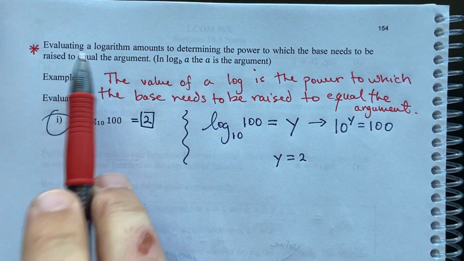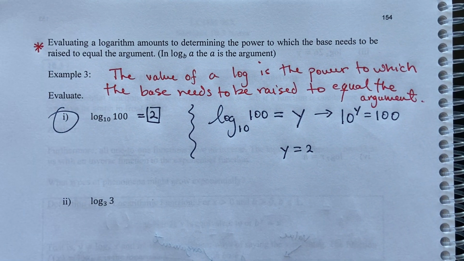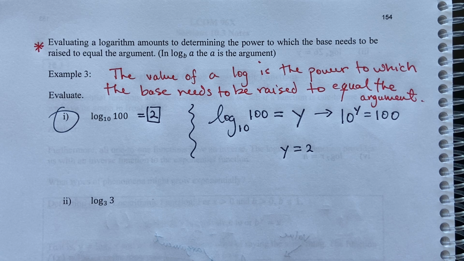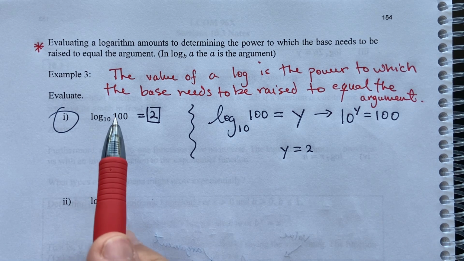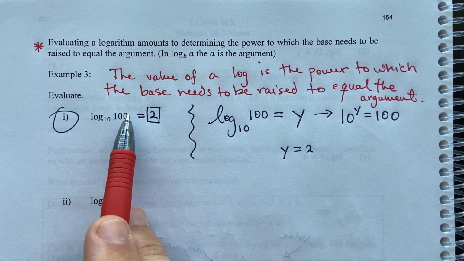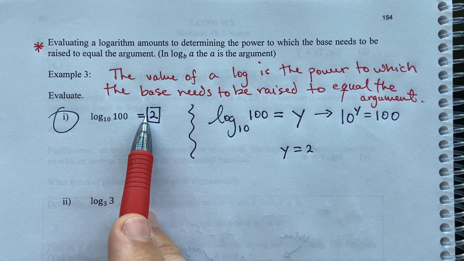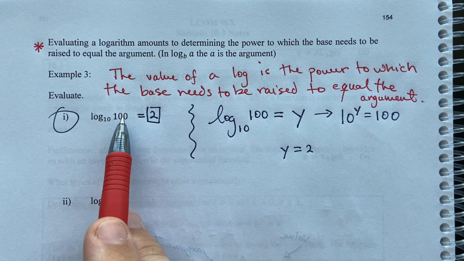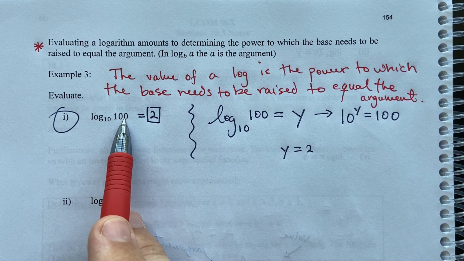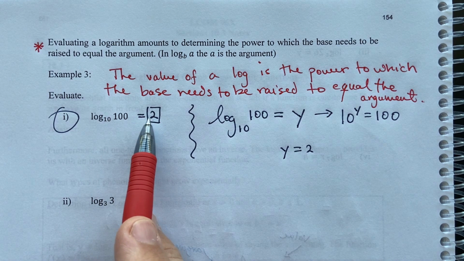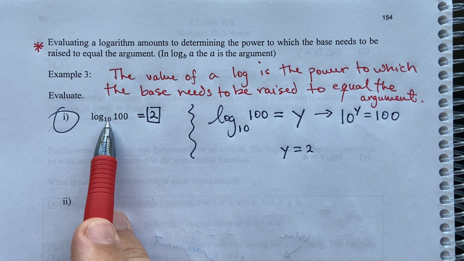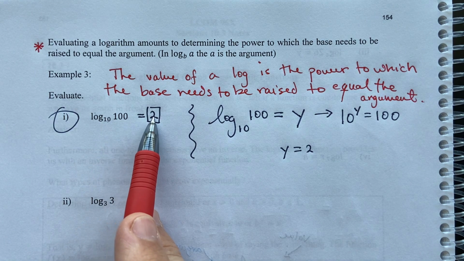That's said here a different way. It says evaluating a logarithm amounts to determining the power to which the base needs to be raised to equal the argument. So in other words, the value of this logarithm, what this equals, is equivalent to the power that you put on the base to equal the argument. This is the number 2 because the power that I put on 10 to make 100 is 2.